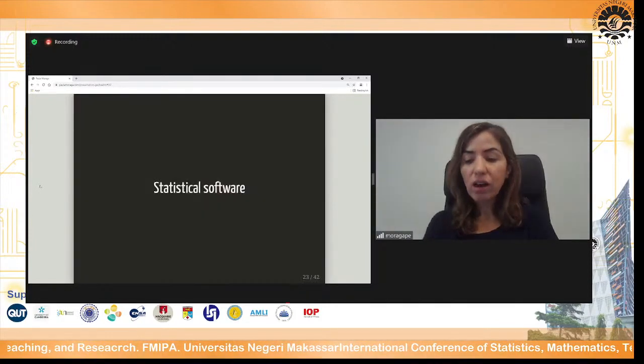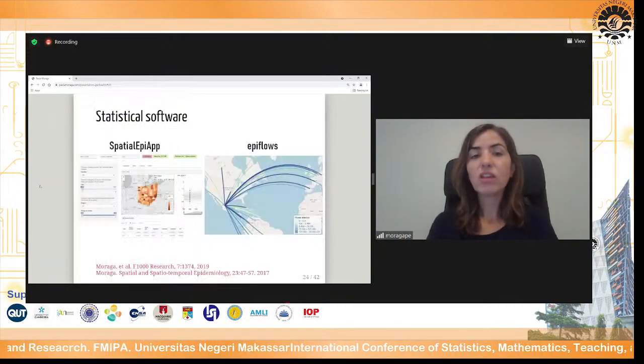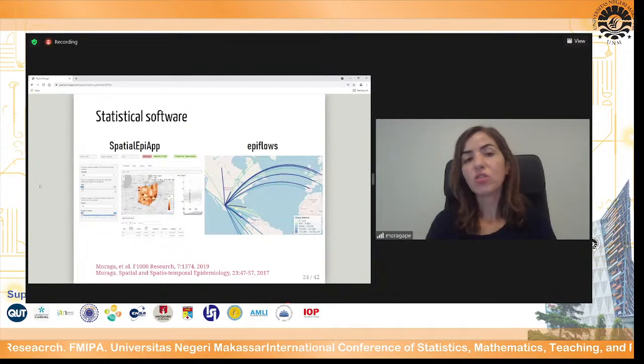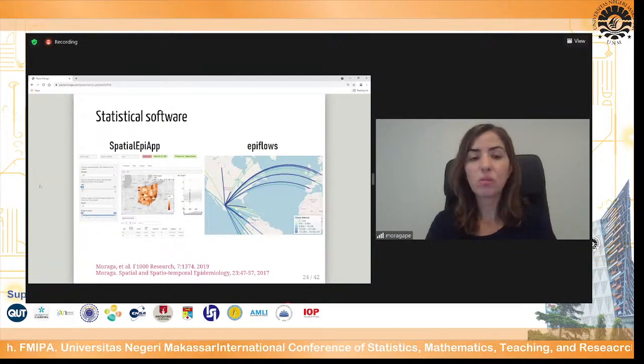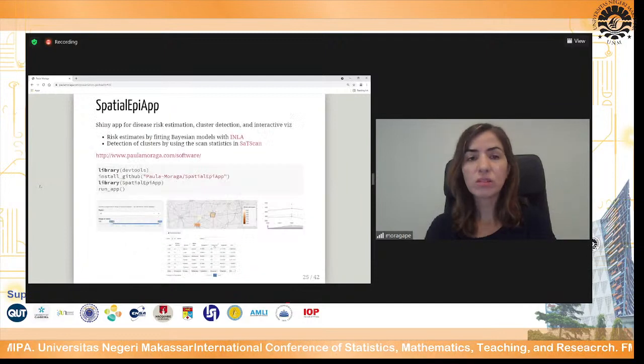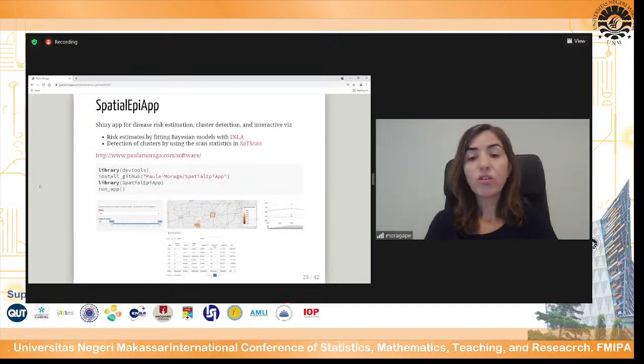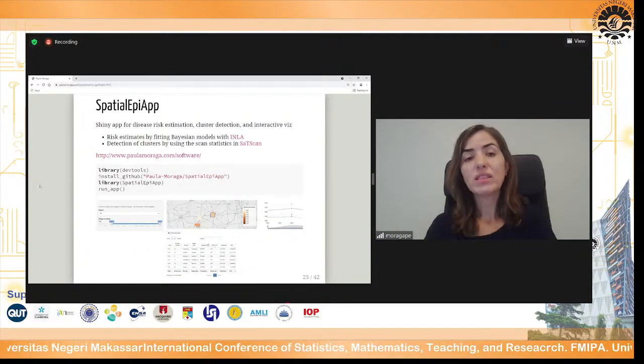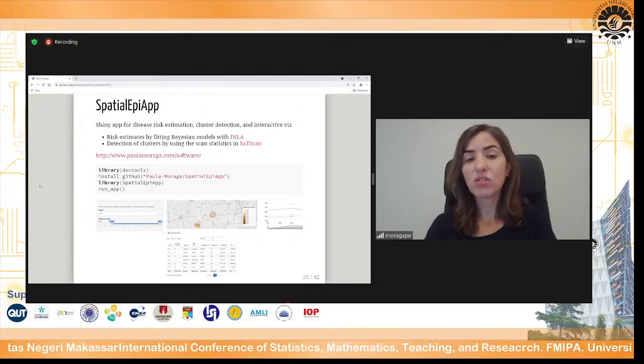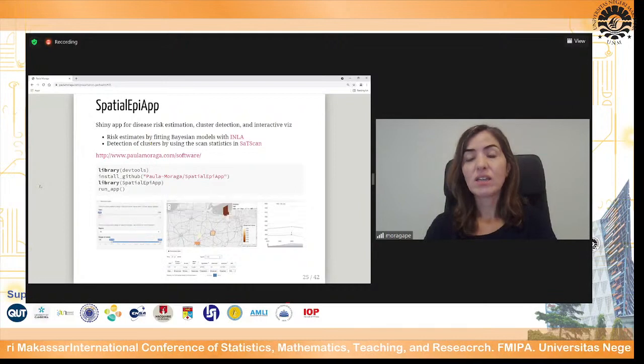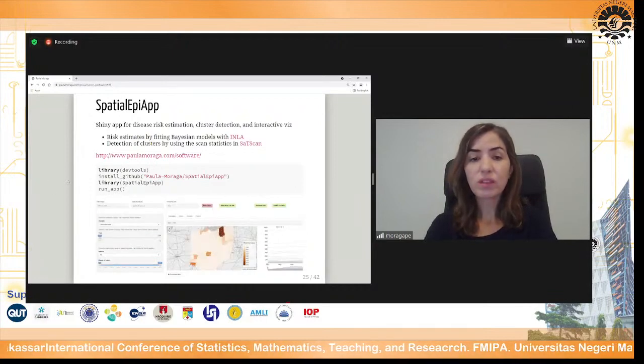So now I'm going to talk about statistical software. I also develop software so my methods can be widely available and provide benefits beyond my own applications. I'm the author of SpatialEpiApp, a Shiny web application for disease mapping, detection of clusters, and interactive visualization.